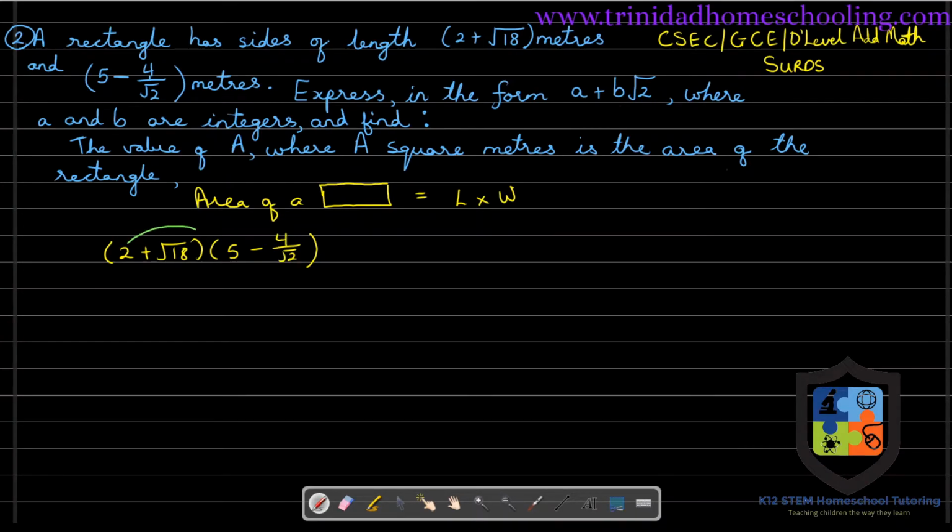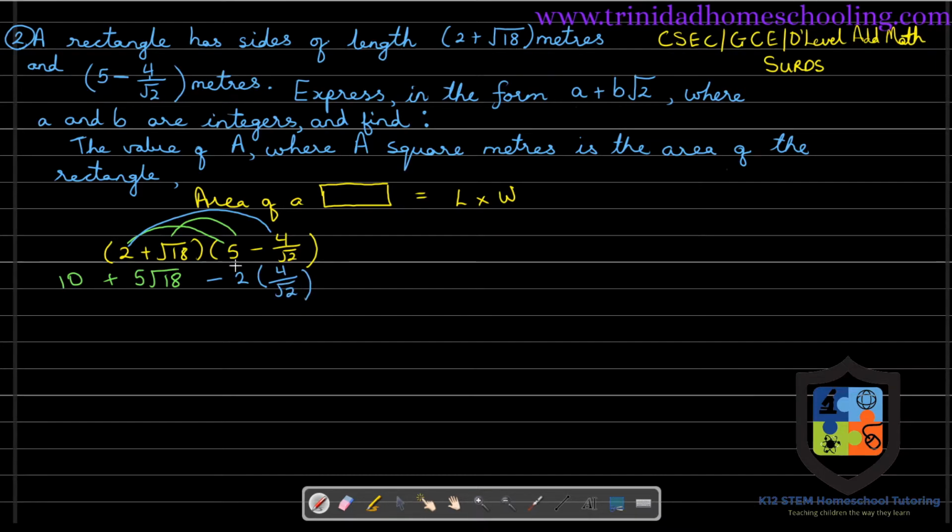2 multiplied by 5 will give me 10. Positive root of 18 multiplied by 5 will give me positive 5 root 18. Then 2 multiplied by negative 4 divided by the root of 2 would give me negative 2 multiplied by 4 divided by the root of 2.